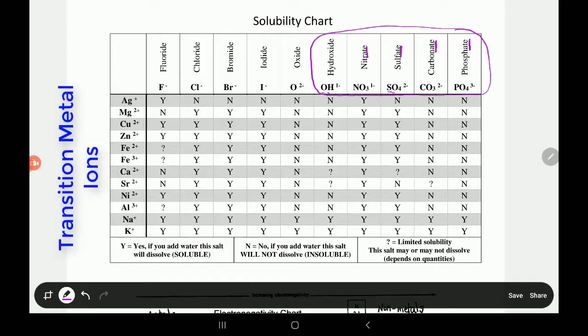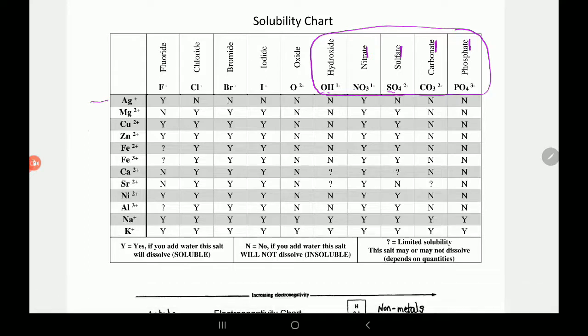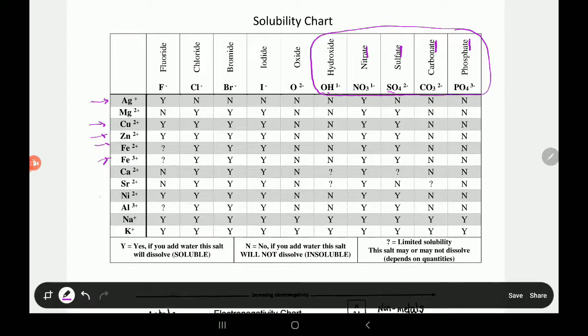The other thing this page is useful for is the transition metals. Transition metals, you can't tell their charge from the front of the periodic table, but here's silver, copper, zinc, iron. Iron has 2 forms, so you need to be more specific about that. Nickel. So this can help you when you're saying, what's the charge of? Look for it here if it's a transition metal.